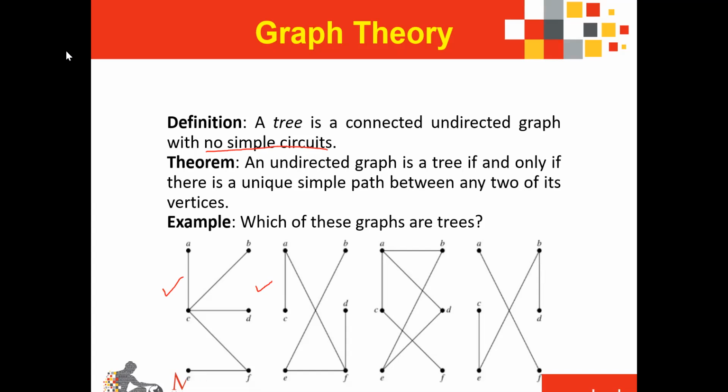But if I look at this graph, here you could actually form a cycle on this loop. And this particular graph does not provide any connection from this vertex to this set of vertices. Therefore, this particular graph is not connected. Hence, it's not a tree.